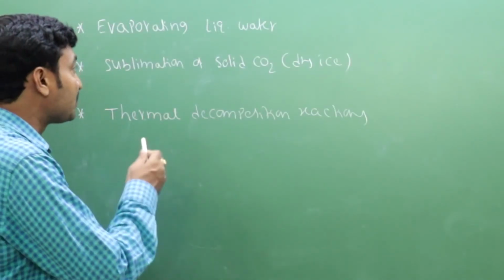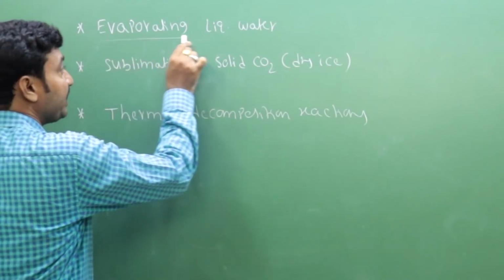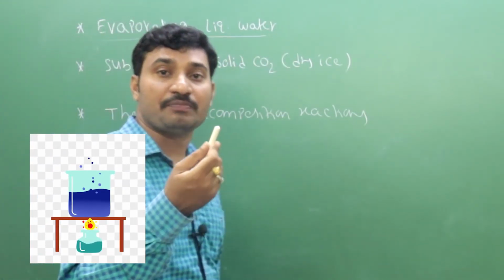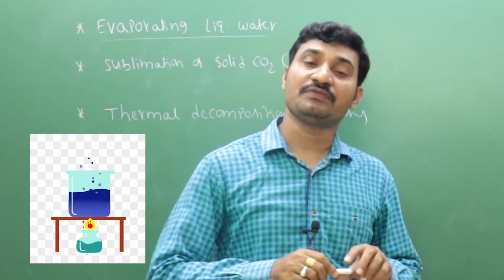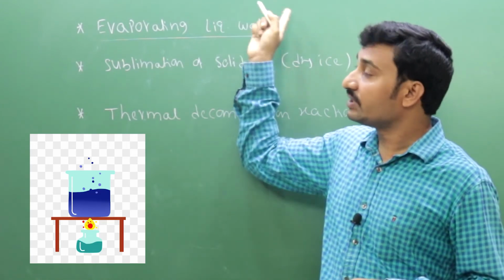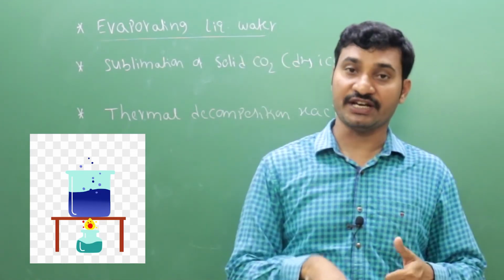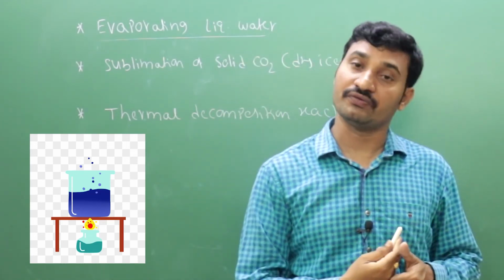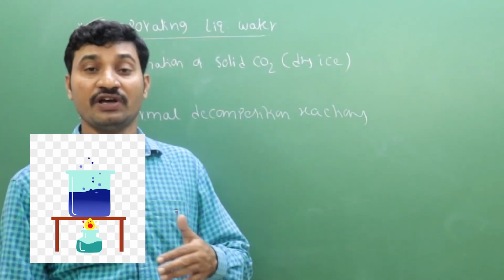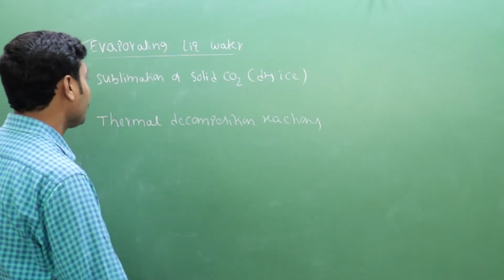See some more examples. Evaporating liquid water: liquid is converted into vapor. It absorbs some heat; without absorbing heat, water is not converted into vapor. So evaporation of liquid water is an example of an endothermic reaction.